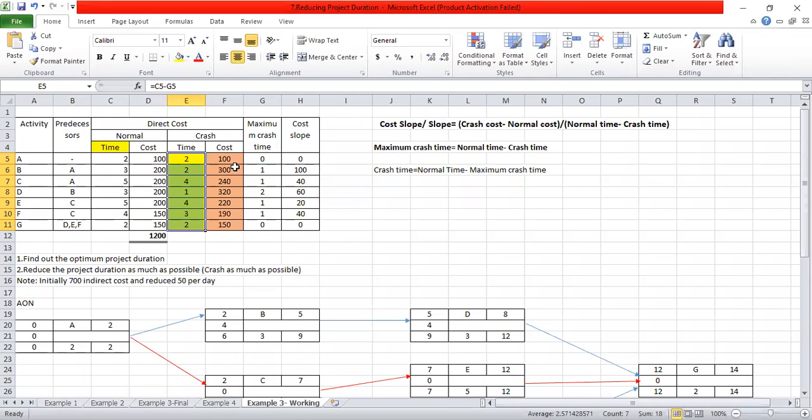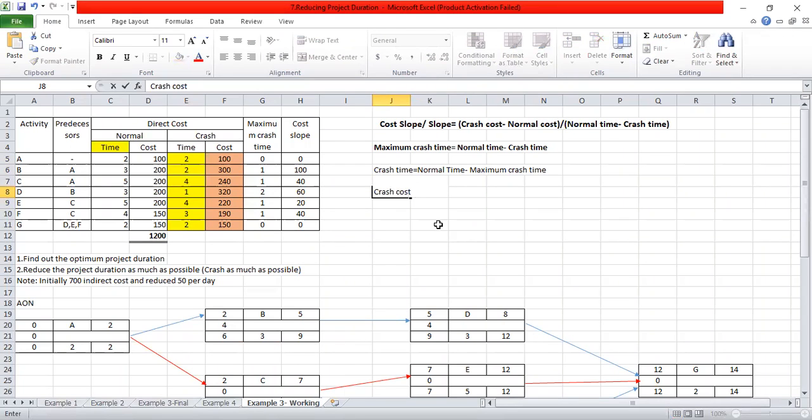So how to get the crash cost? The cost slope needs to be multiplied by the maximum crash time, and you have to add the normal cost to that to get the crash cost.